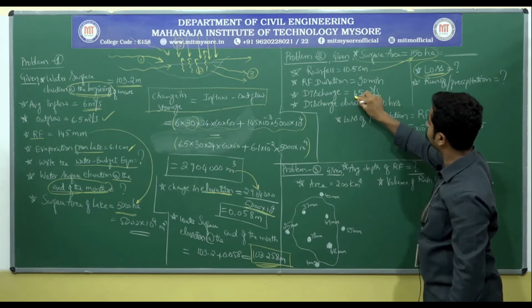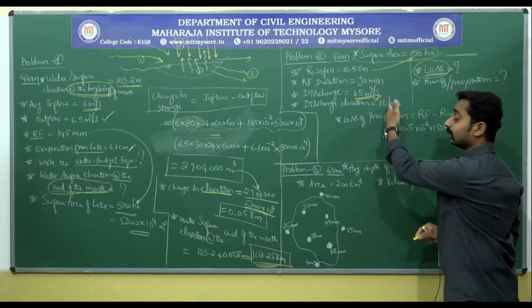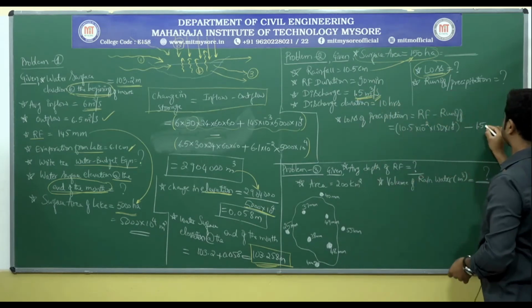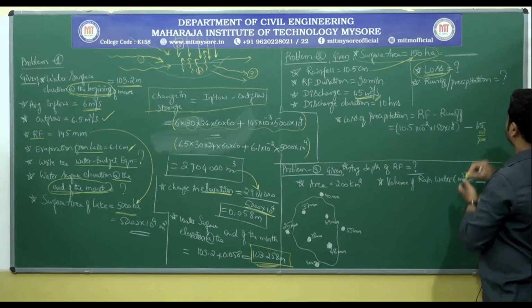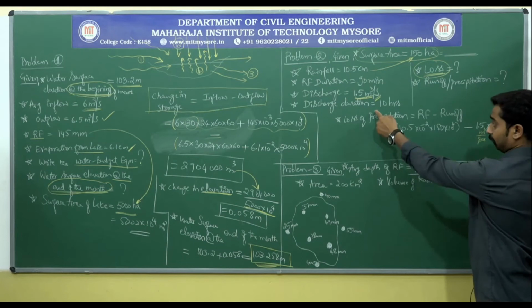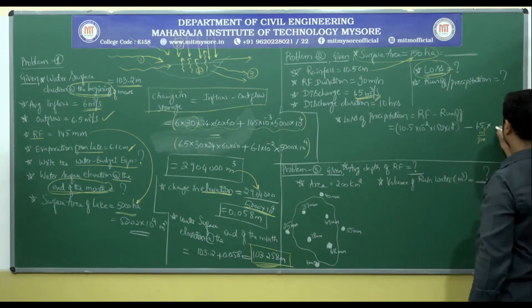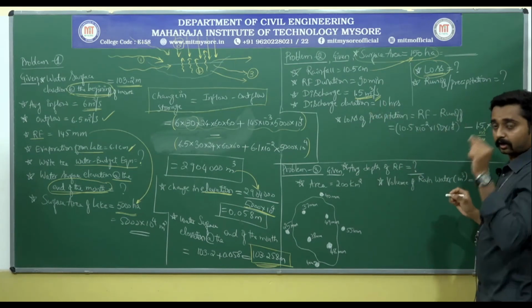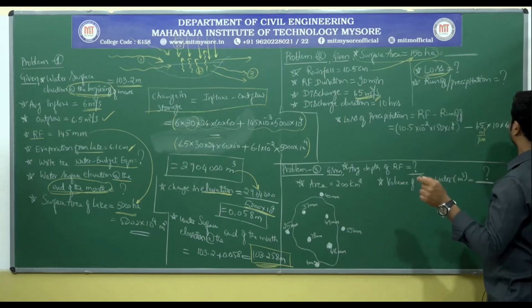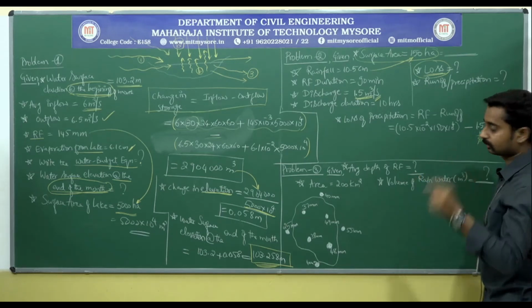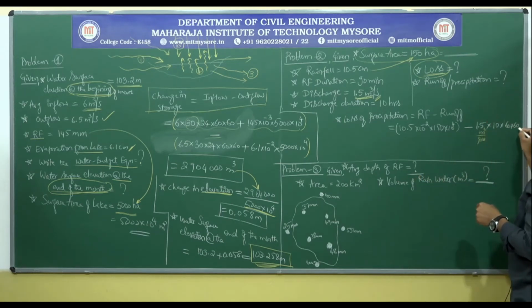1 second gives this much meter cube. So for 10 hours, how much? 1.5 meter cube per second multiplied by duration, that is 10 hours. 1 hour means 60 minutes, 1 minute means 60 seconds.